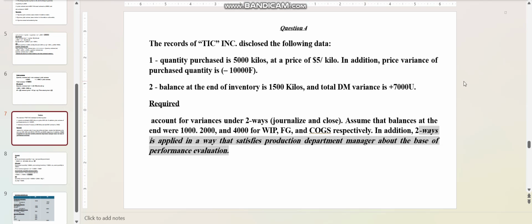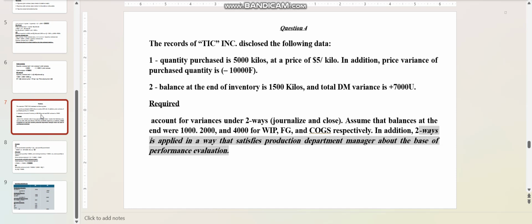Obviously, when you apply the two ways analysis in a way that satisfies the production department manager, it means you figure out quantity variance net and price variance gross. This is very important to note.